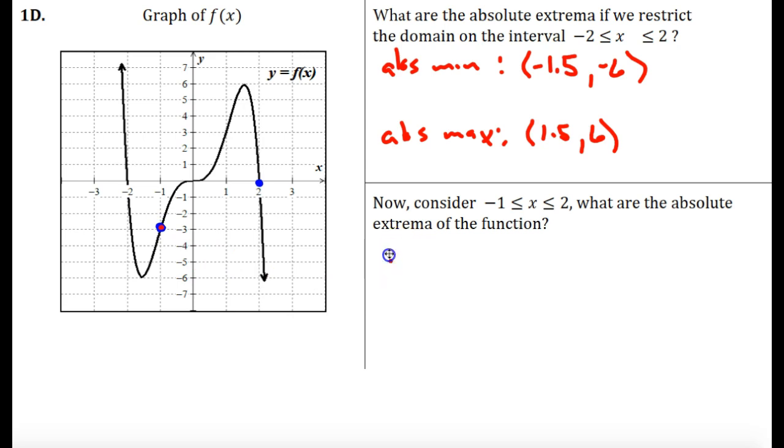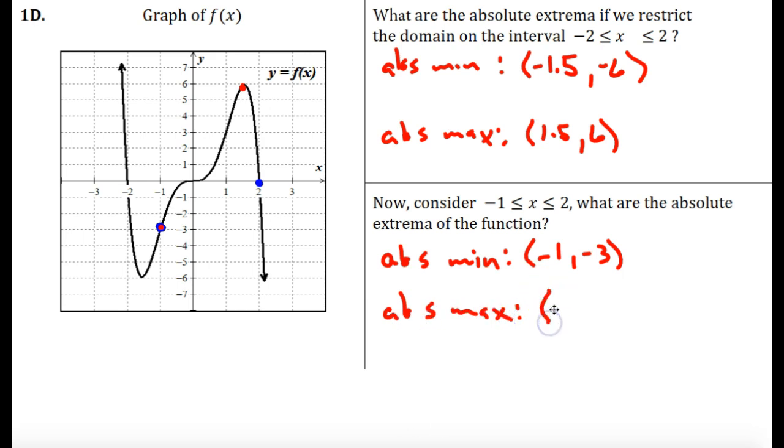Right? So I can say that on that interval, my absolute min is at the point -1, -3. My absolute max then is the same as in the first part of the problem, right? My absolute max would still occur right there at the point 1.56.